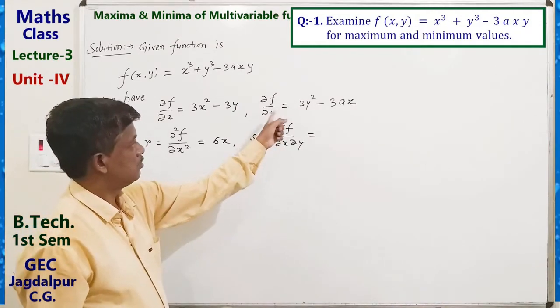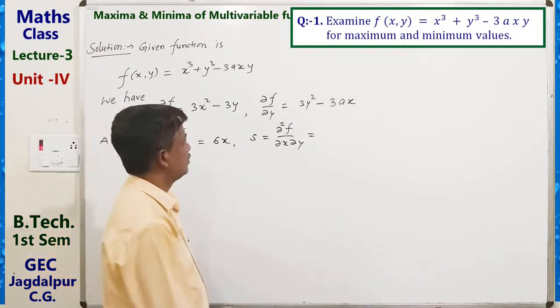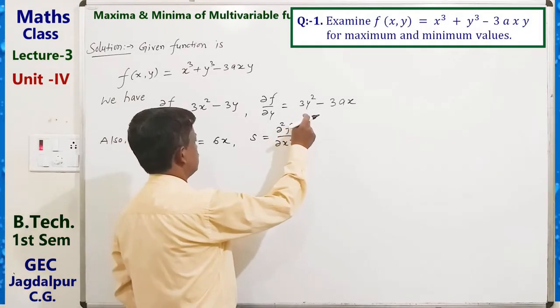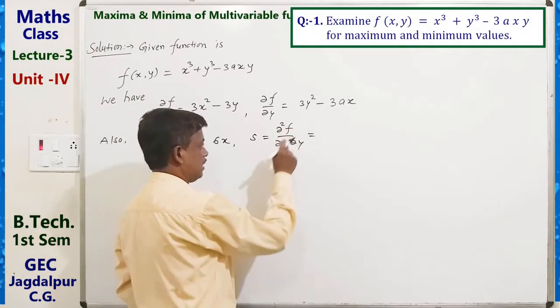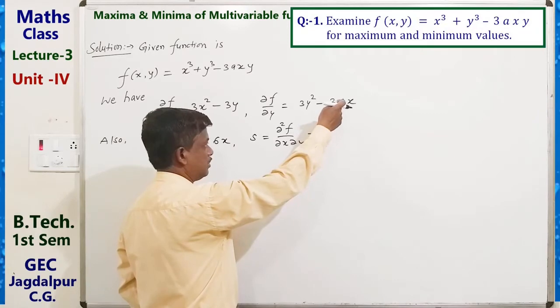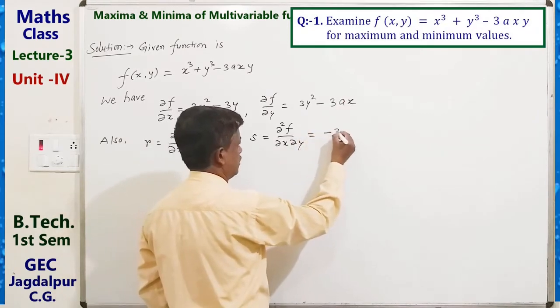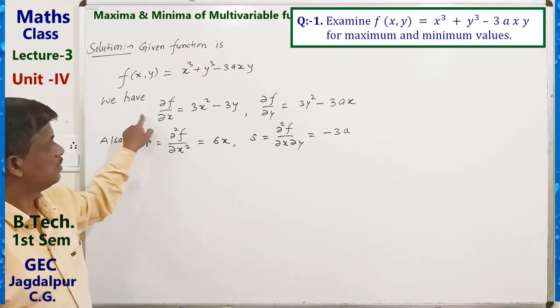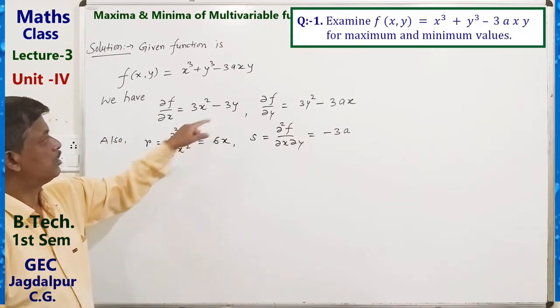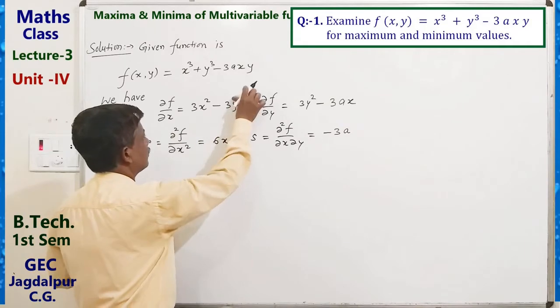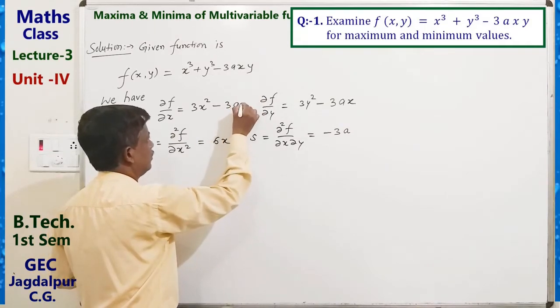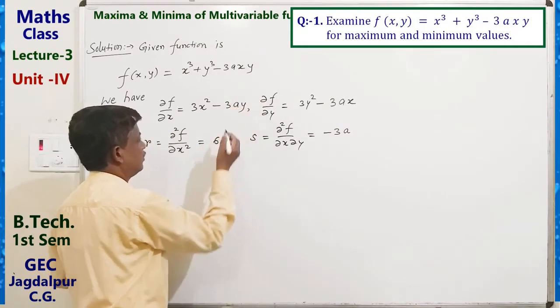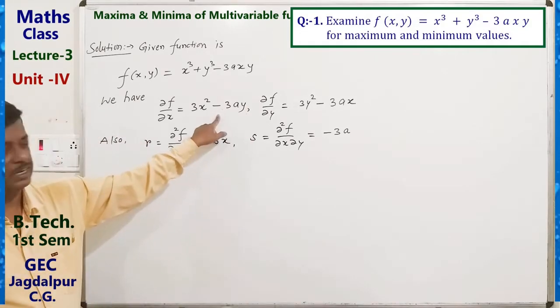Differentiating with respect to x, we will get minus 3a. And if we differentiate it with respect to y, then we also get minus 3a.